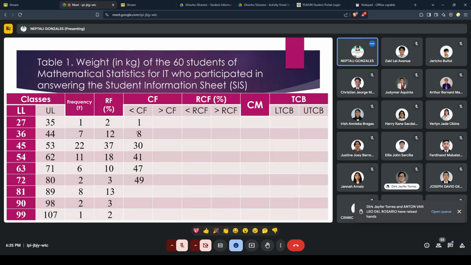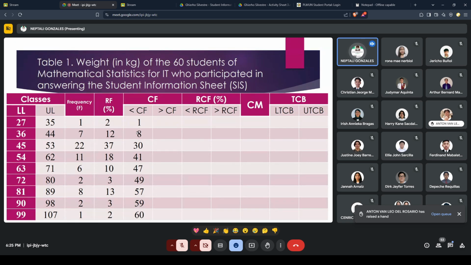Okay, next, Anton. 57 po. Okay, 57. Next, Rona May. 59 po. Okay, and the last number, Depeche. 60, sir. Okay, it should always be the number of observations, which is 60.